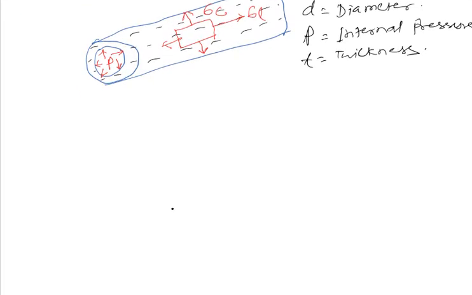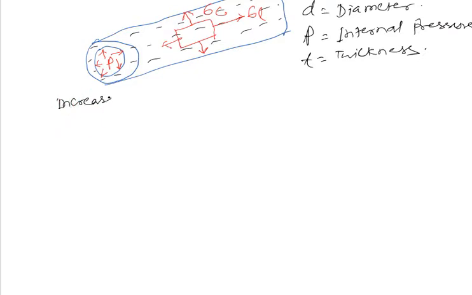Now due to this internal pressure there will be a change in the dimensions of the cylinder. There will be a change in length as well as in the diameter. So what will be the increased length?